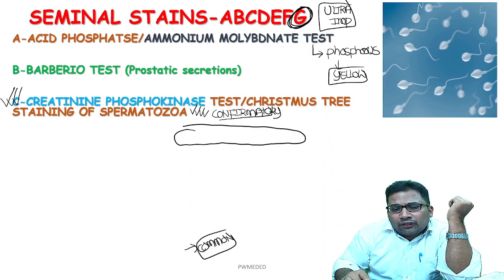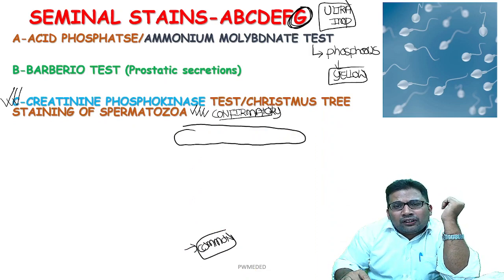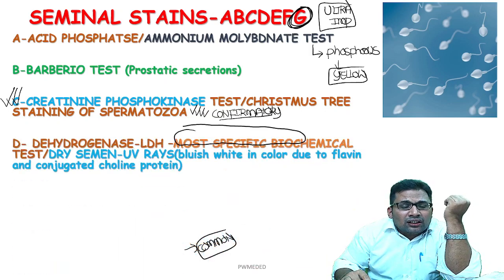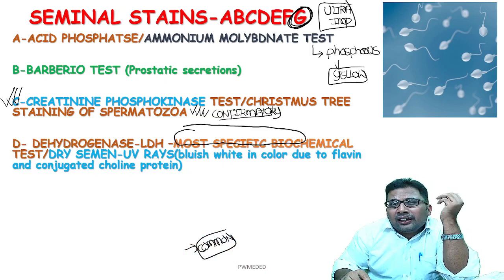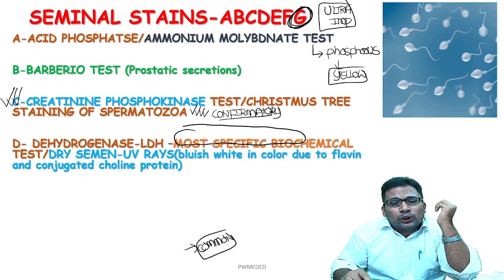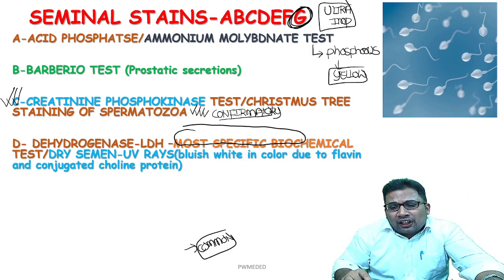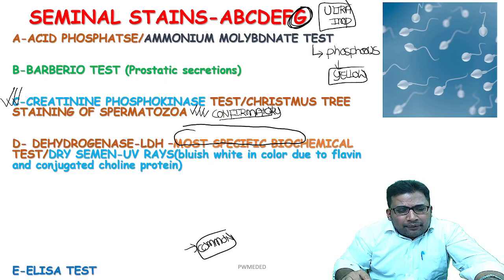C for creatinine phosphokinase, Christmas tree staining of spermatozoa, which is a confirmatory test. D for dehydrogenase, lactate dehydrogenase test, which is the most specific biochemical test. And in dry semen, so we use UV rays that looks bluish white in color because of the choline protein or the flavin protein present in the semen.